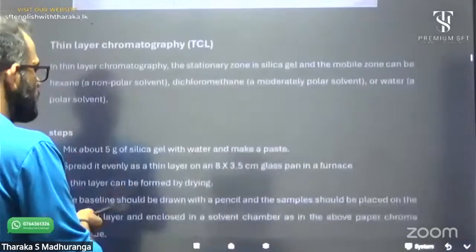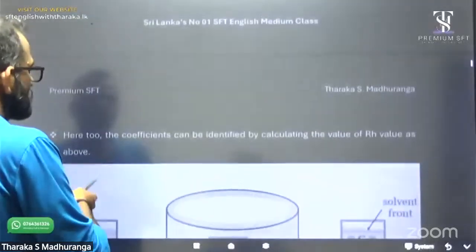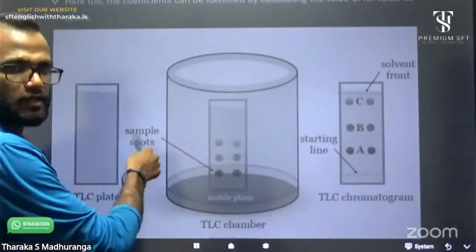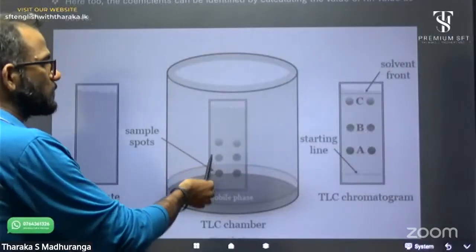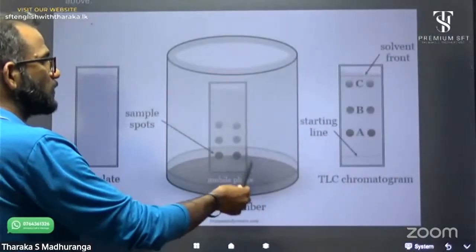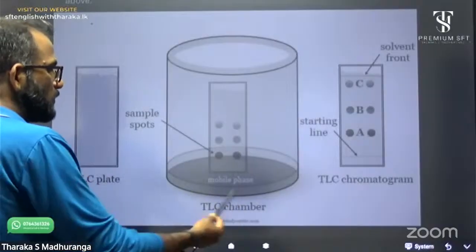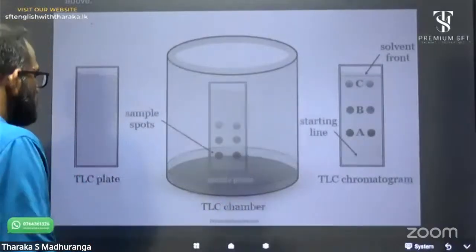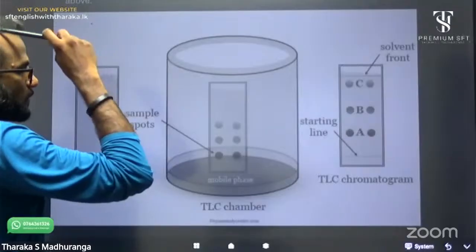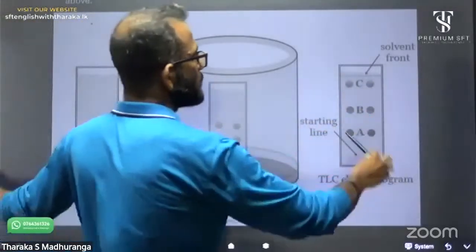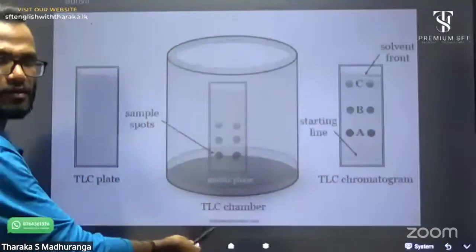Yeah, this is a TLC technique. This is a glass plate and solvent chamber. TLC chamber means solvent chamber. TLC plate. And this is the final result. Right?